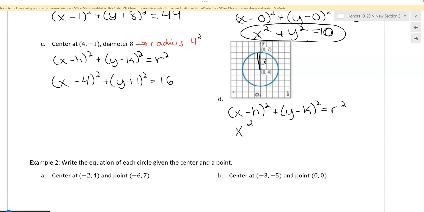I'm just going to automatically write it as just x squared. Y is positive 4, so change the signs, minus 4. And 3 squared is 9. So I get x squared plus (y minus 4) squared equals 9. Okay.